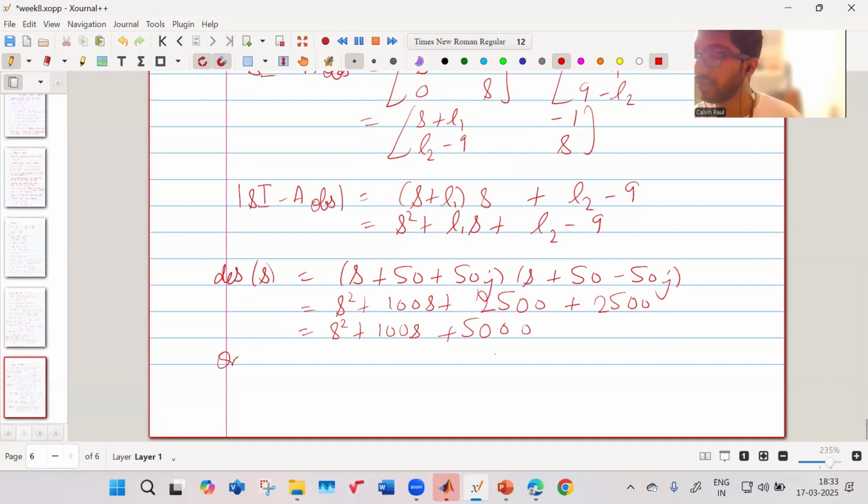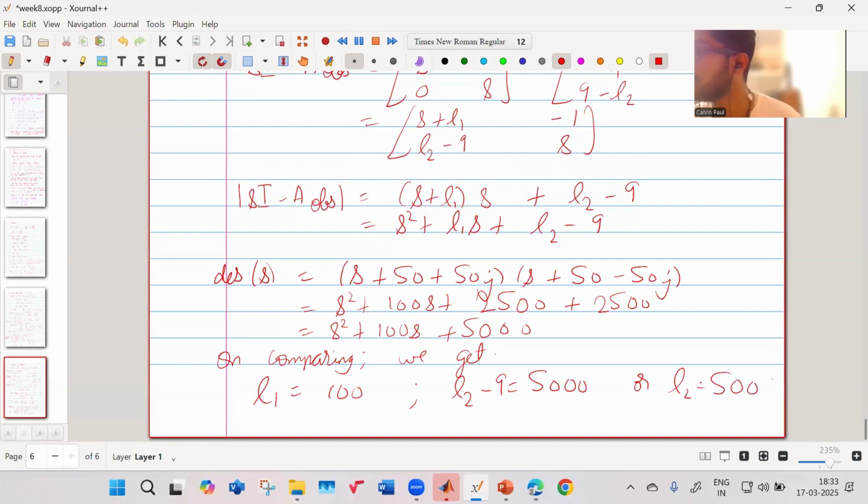So on comparing, we get L1 is equal to 100 and L2 plus 9 is equal to 5000, or L2 is equal to 4991.